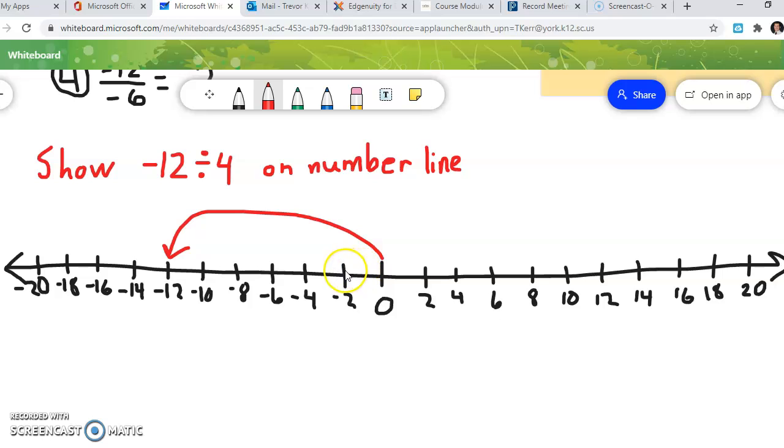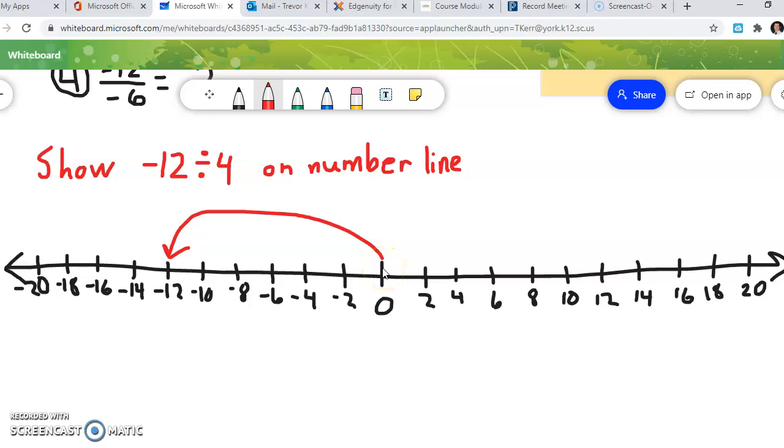Let's try just jumping by the 2's here, by the negative 2. So if I do 1, 2, 3, 4 jumps, I didn't quite make it there. That wasn't far enough. And so I'm going to try jumping by more this time. So I'm going to go 1, 2, 3. Well, that didn't work. So now I need to count by 3's maybe.